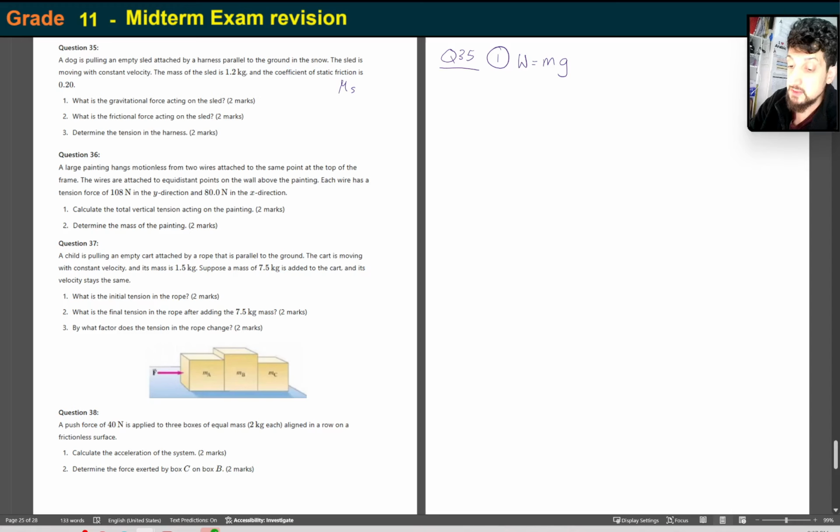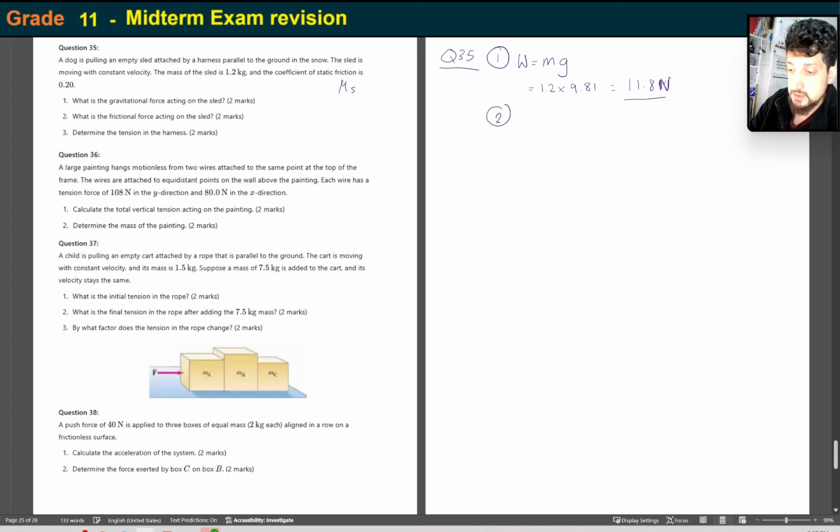So it's going to be 1.2 times 9.81, which is equivalent to 11.8 newtons. Okay, 11.8 newtons.